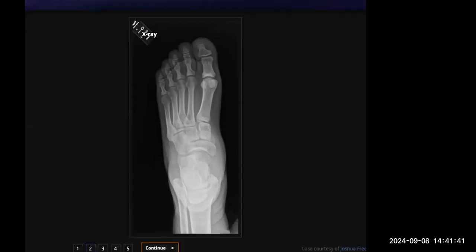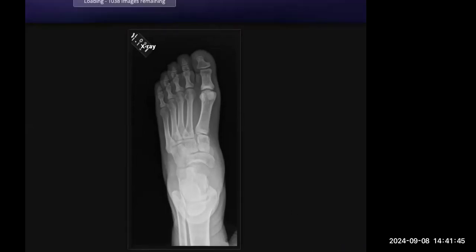I am going systematically. The distal bones of the leg are appearing normal.